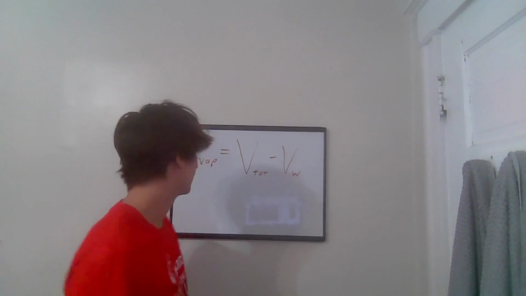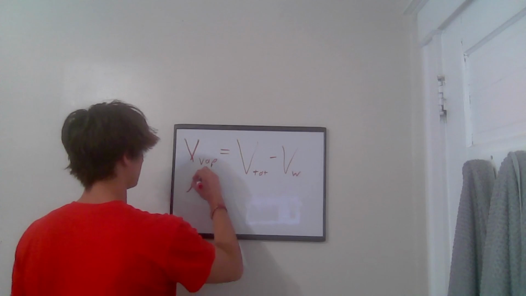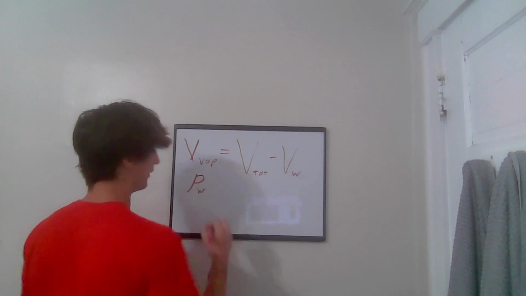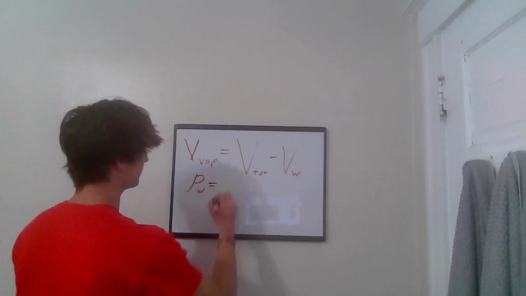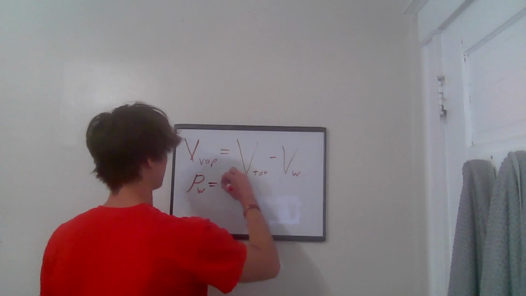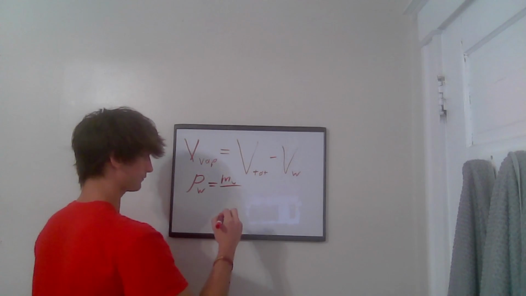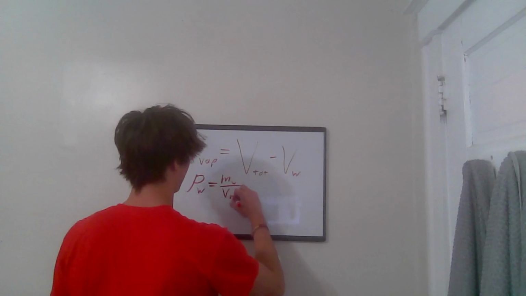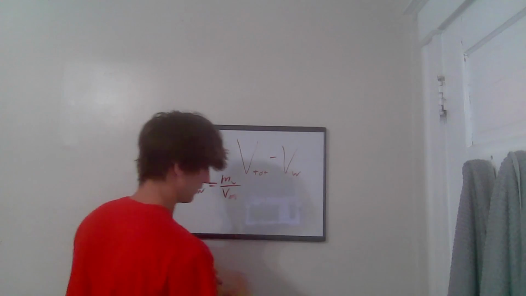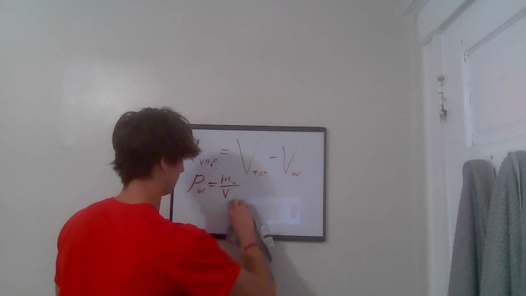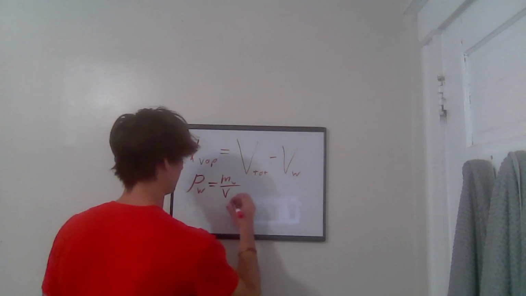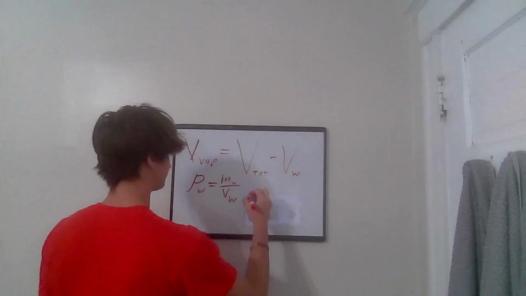And after that, that can help us find density. To find the density of our water, that's what we need to find next. And density is mass over volume. So it's going to be the mass of our water over the volume of our water.